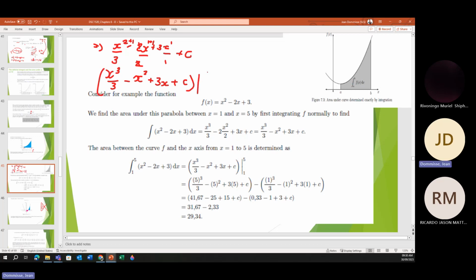Okay, so now for this, we're going to add your values 5 and 1. So we're first going to put in 5 for the x's. So 5 to the power of 3 divided by 3, minus 5 to the power of 2, plus 3 times 5.